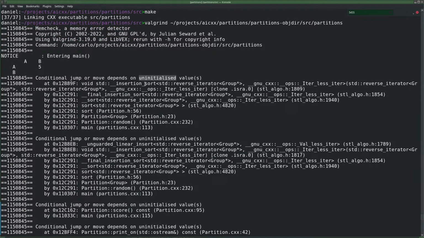Uninitialized, indeed. Instantiated from sort, called from sorts. Looks like the same thing. The same bug. I thought I fixed it.